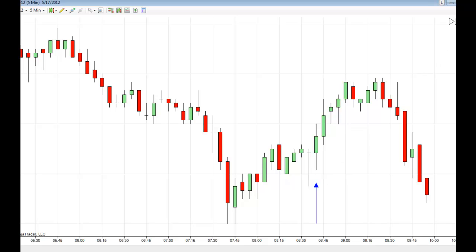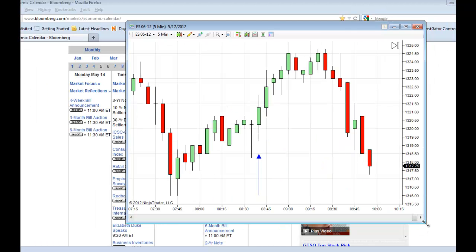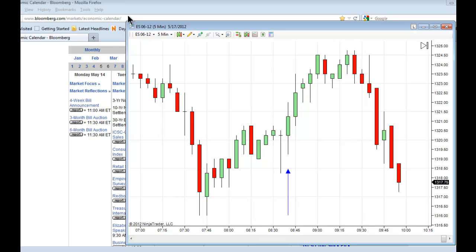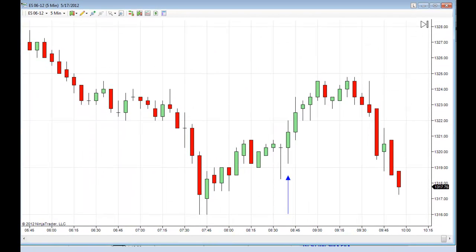Jobless claim. Tell me what color that candle is, right? I'm going to try to keep it as simple as possible. Color's green, right? So if that color's green, what am I doing? I'm going short when 2 consecutive candles are below there. Very simple way to catch what happens.